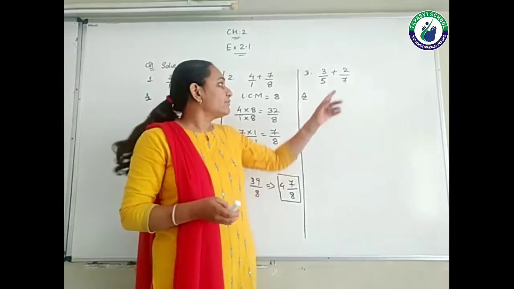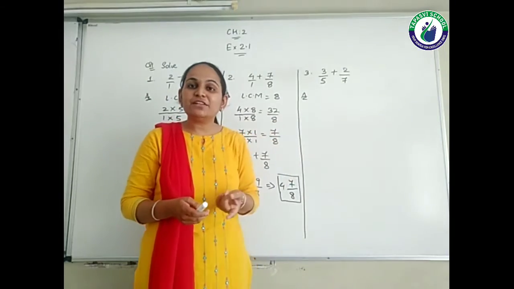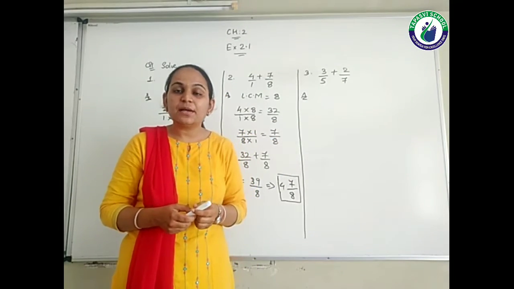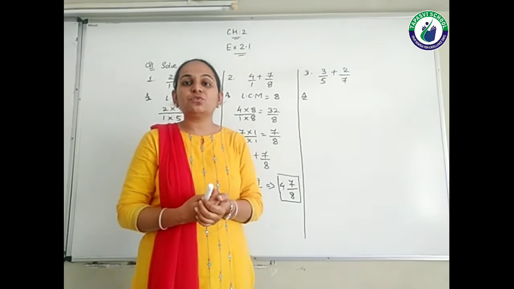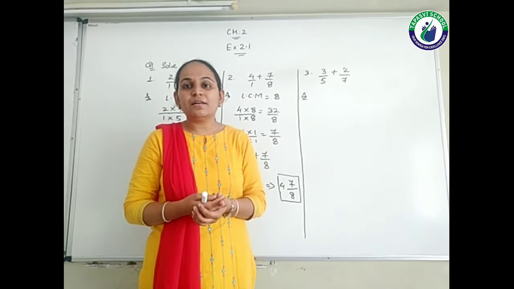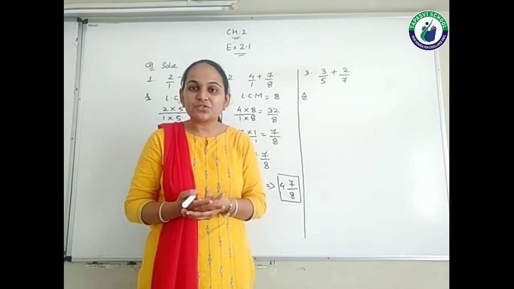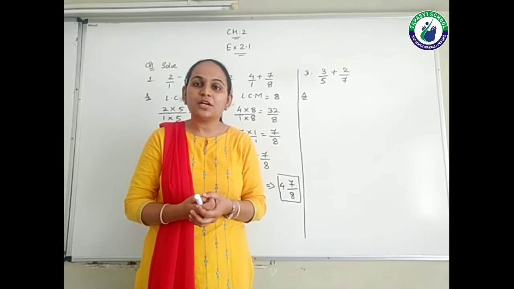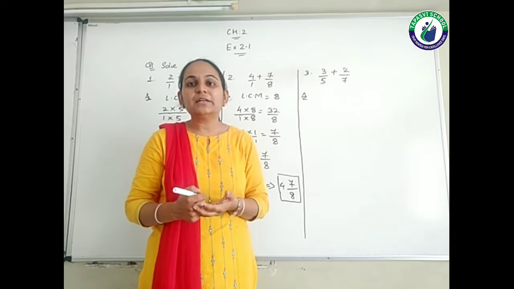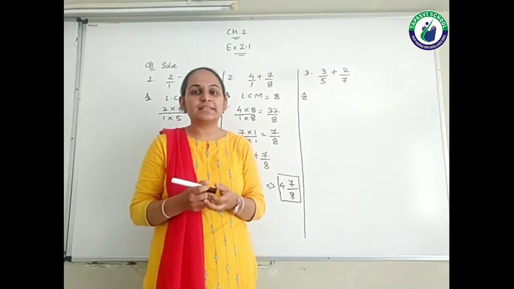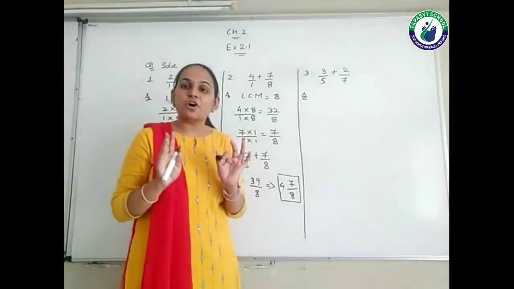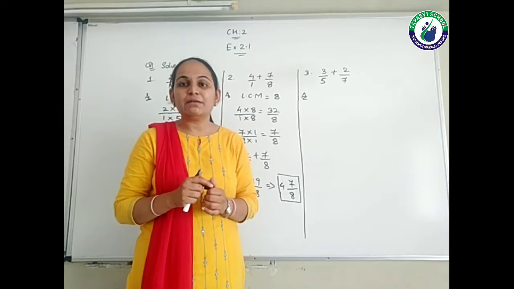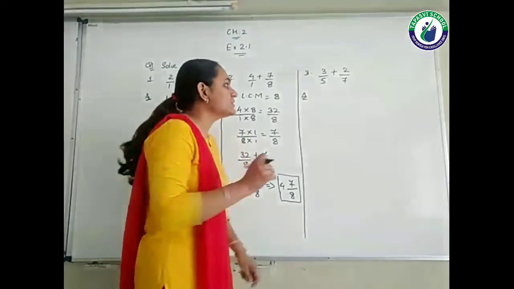So you can multiply 5 and 7 to get your LCM as 35, or else you can also find the LCM with the prime factorization method. You can take a look at both. Which one is the easiest one? Go with that. So here, as both the numbers are prime numbers, I am directly multiplying them.